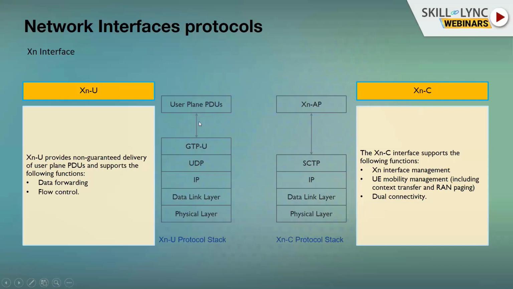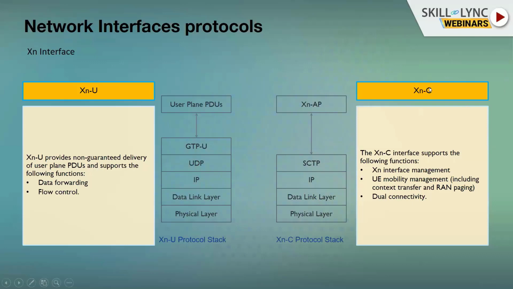The Xn-U interface is defined between the NG-RAN nodes, between the antennas. The transport network layer is built on IP transport, and GTP-U is used on top of UDP/IP to carry the user plane PDUs.